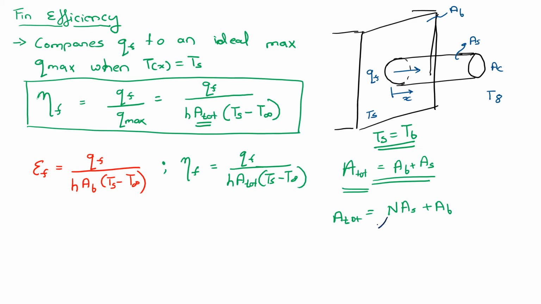So here n is the number of fins, As is the surface area of each fin, and AB is the exposed, and the word exposed is important, exposed base area.